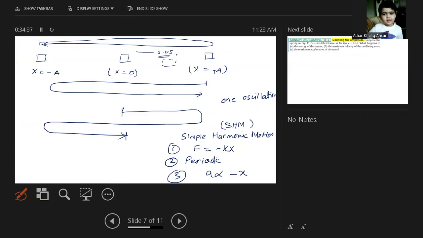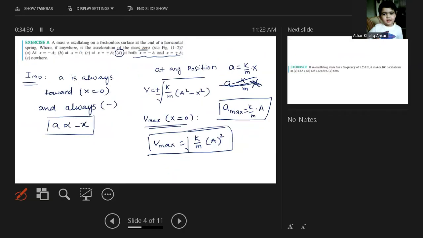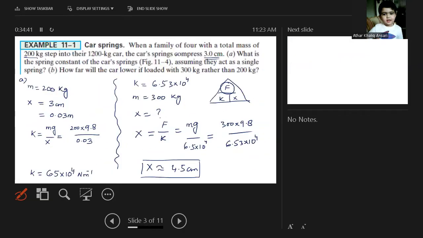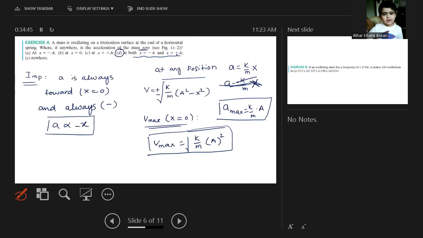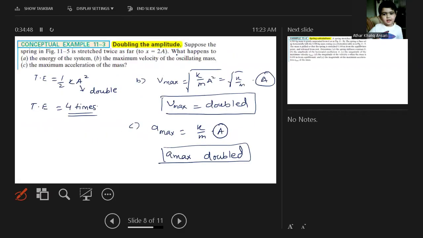To find kinetic, first you will find kinetic with half mv square, and then you will use that kinetic energy to find the total energy. So if it is not in the middle, not extreme, in between mean and extreme, then you can do it this way. Okay, thank you so much.